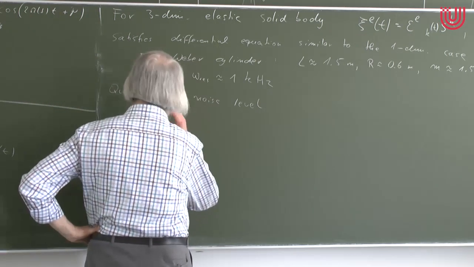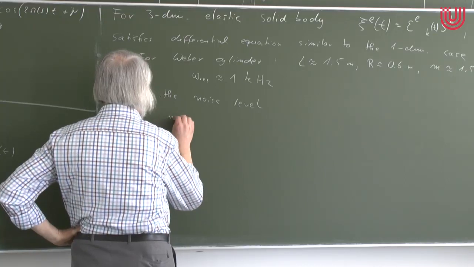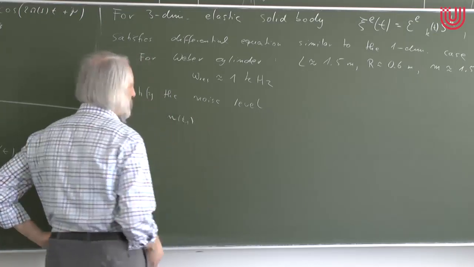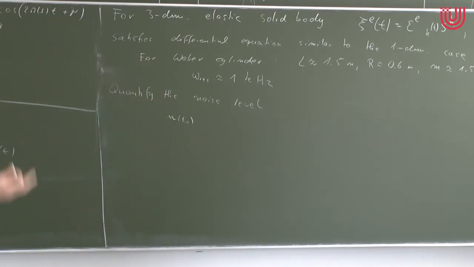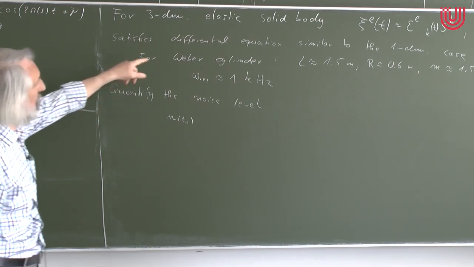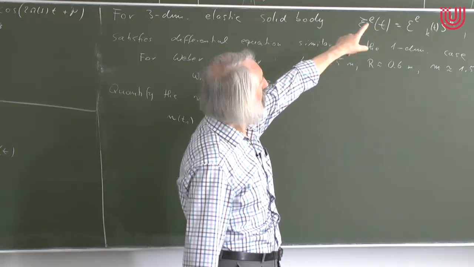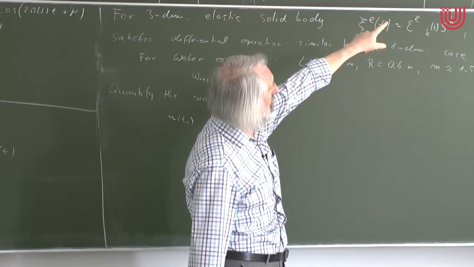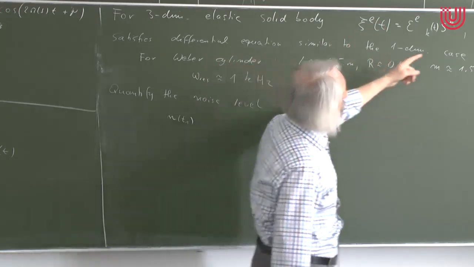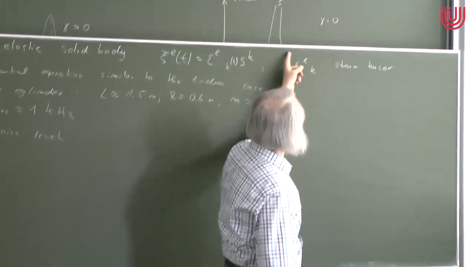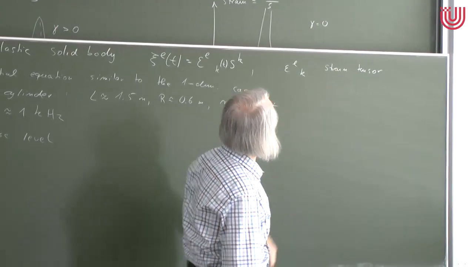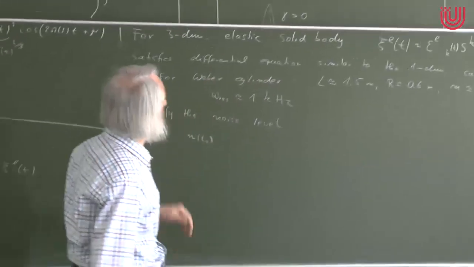You measure a signal at a time t1. The signal, for these gravitational wave detectors, is always a strain. In the one-dimensional case, it's just the amplitude divided by the length. In the two-dimensional case, it's some eigenvalue or some characteristic quantity of this tensor.